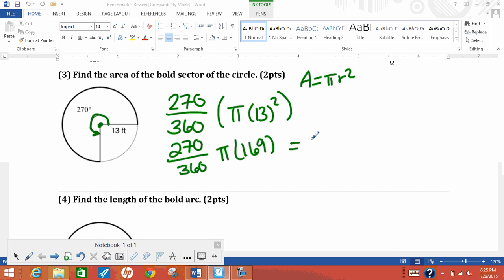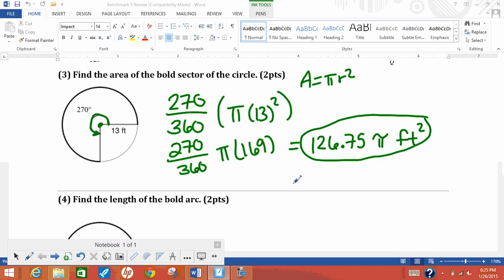And we get that the area of this sector is 126.75 pi feet squared. So you can simplify 270 over 360, multiply it by 169, and then we want to leave it in terms of pi, so we have to attach the pi there or else we're not correct. And we're talking about feet here, so we should say feet squared.